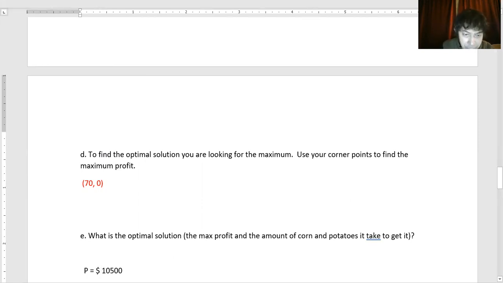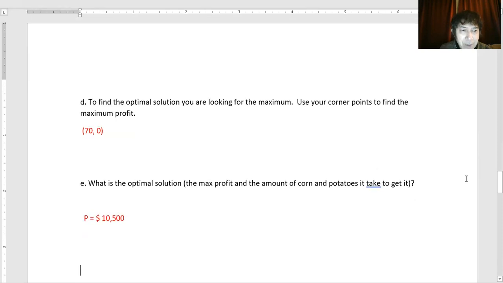There, okay? That's the maximum profit at 10,500. Okay, that's it. And we found the maximum at 10,500 and 70 acres entirely planted with potatoes.